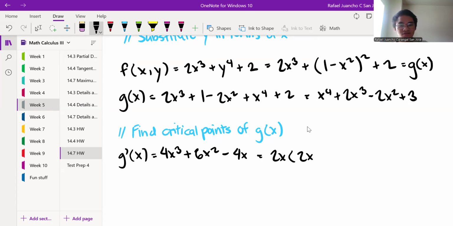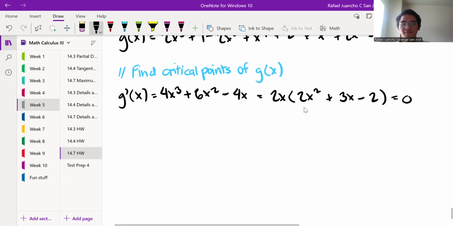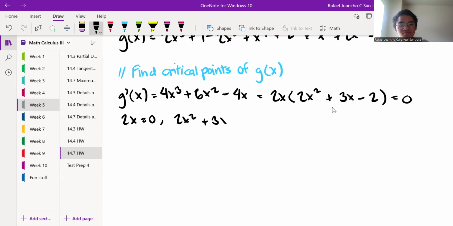So I get 2x times, that's 4, so I'll put 2 here, and this is 3x, and then this is minus 2, and then that's equal to 0. Right? So I'm just trying to simplify everything. And then from there, I see two things. My 2x being 0, as well as my other term being 0. Now, what's the hard part? How do I find this one? That's algebra. So x is 0 here. Now here, what's x?